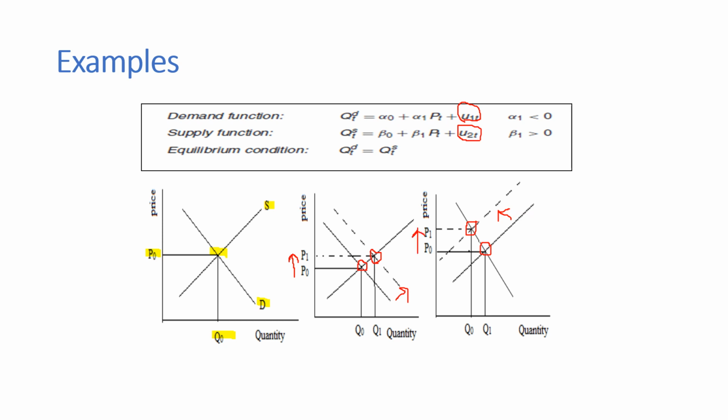So a shift in the supply due to a shift in the error term will cause the price to change as well, meaning that the error term and the price are not independent. In the first equation, u1t and pt are not independent, u2t and pt are not independent, which violates the assumption of OLS, stating that the error term and the explanatory variable are not correlated.